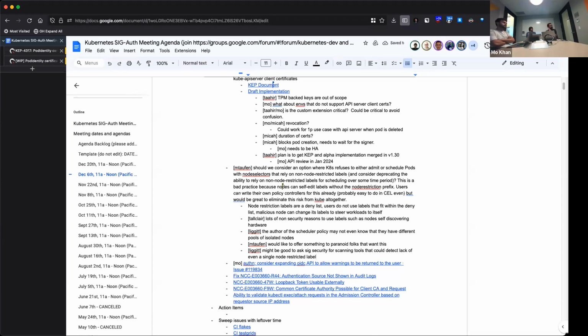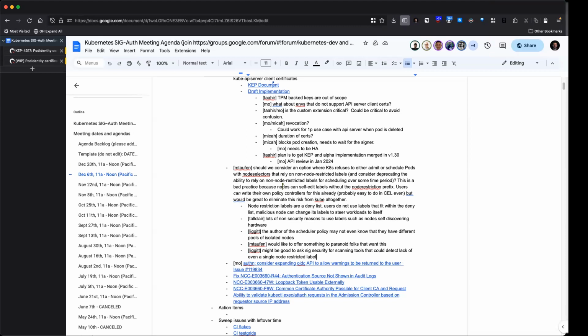So I was going to ask, is this something that you could reasonably, in your environments, have, like, a validating CEL admission policy that would try to catch the case where you're making a scheduling policy that wasn't well thought out? You certainly could, right?